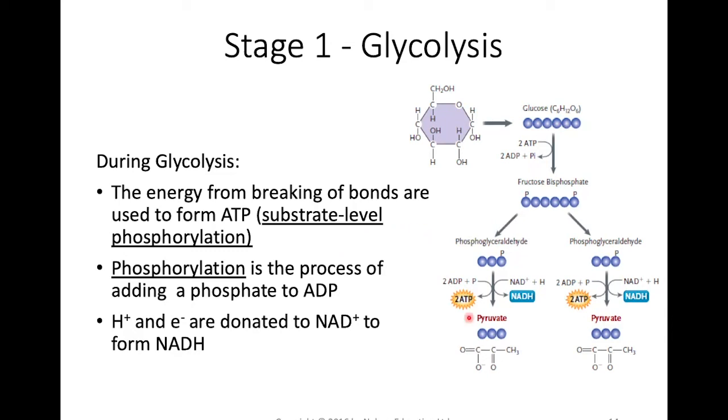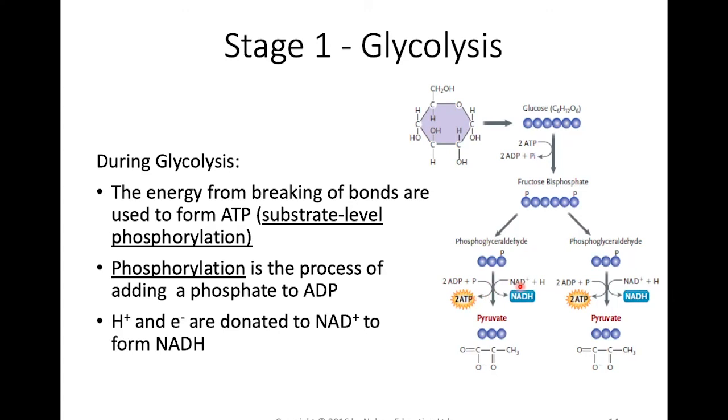Phosphorylation is the process by which we take our recycled ADP, the diphosphates, and add a phosphate to it to then produce ATP. So when we use that term, being phosphorylated, that means that we are adding a phosphate onto the ADP molecule to produce the ATP.